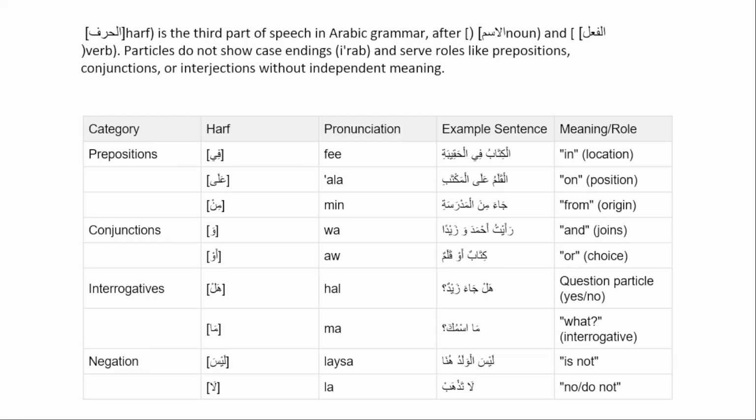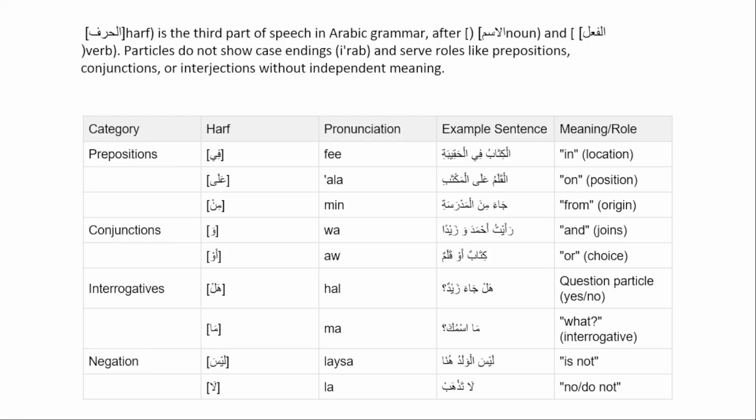For example, hal ja'a Zaidun basically translates in English to did Zaid come back. Obviously we cannot always have a one-to-one translation from Arabic to English, because Arabic words have a richer meaning, and when you translate to English, you might have to make it look better, so we might have to use the right word here.